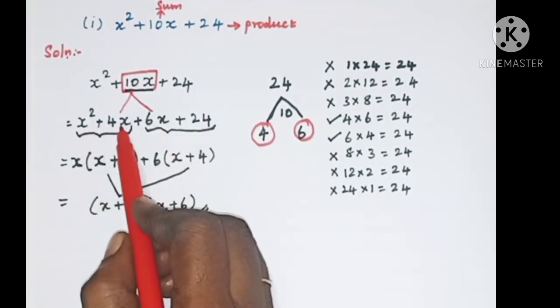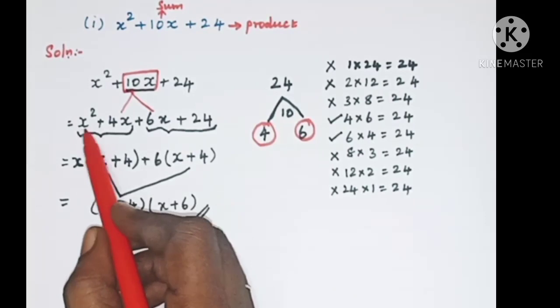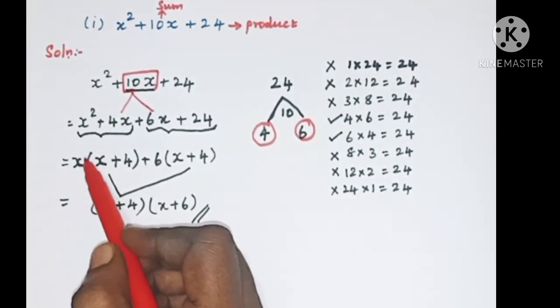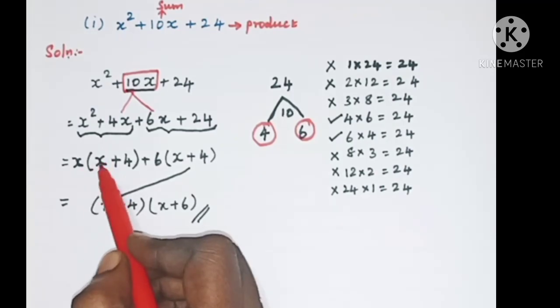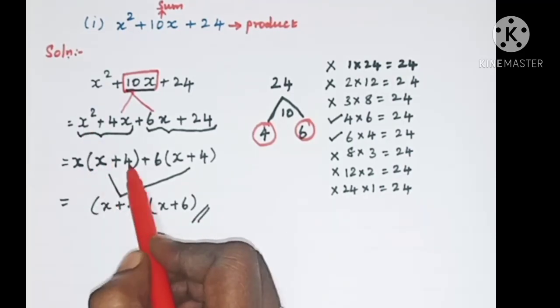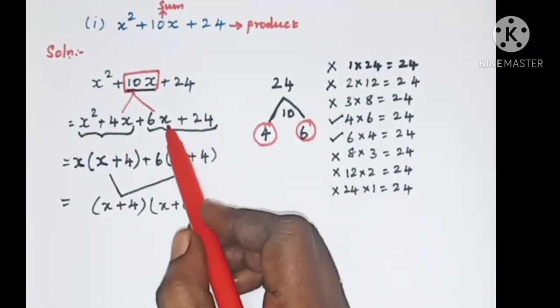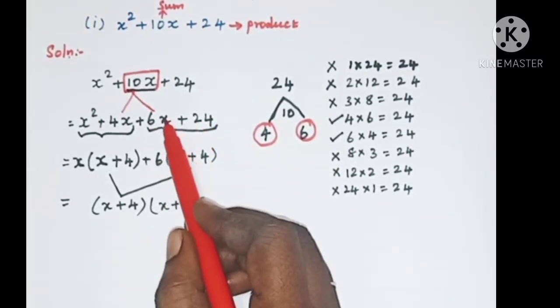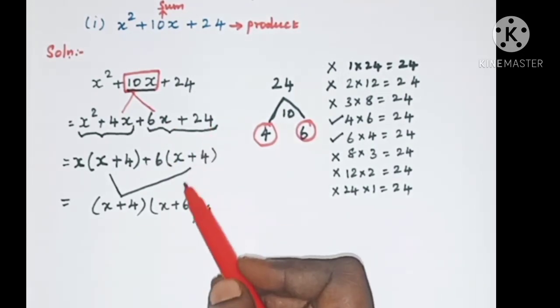Now from the first two terms, we have to take the common variable outside. Here x is common in both the terms. So take that x outside, and x into x, x square, plus x into 4, 4x. From the remaining two terms, we should take 6 outside. So 6 into x is 6x and 6 fours are 24.